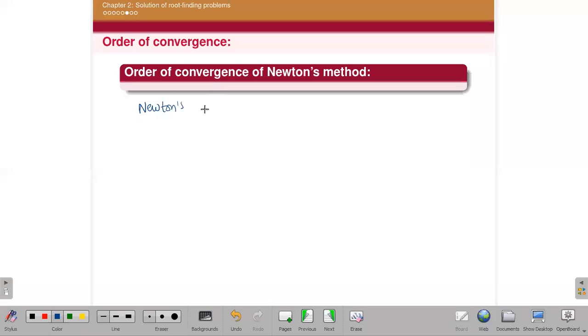Newton's method. So what is Newton's method? First of all, it is given by p n plus 1 is equal to p n minus f of p n divided by its derivative. So I can write it as g of p n. This is another function of p n.